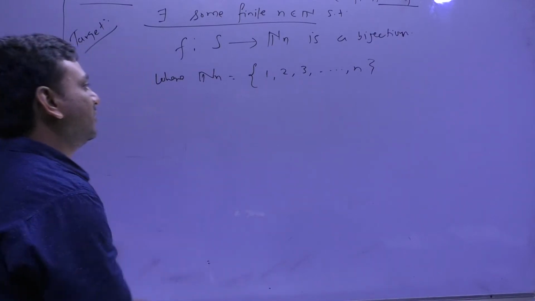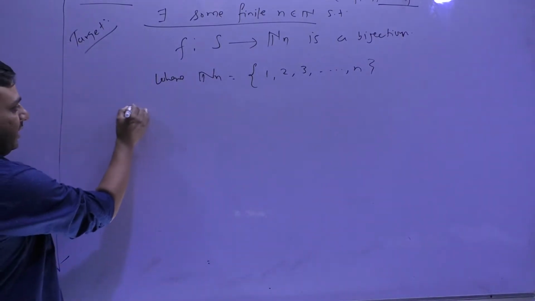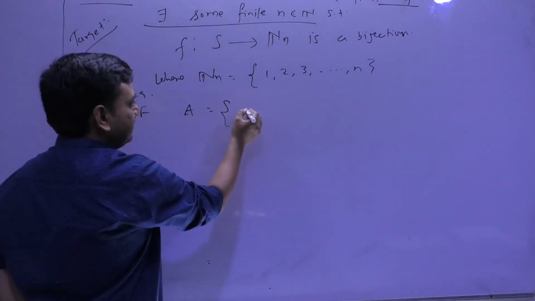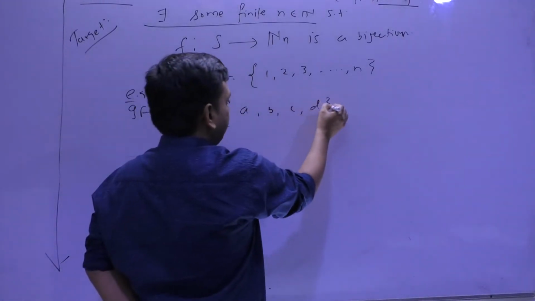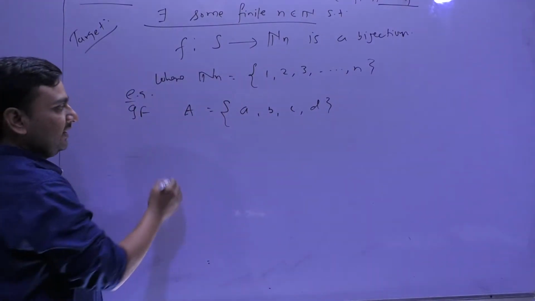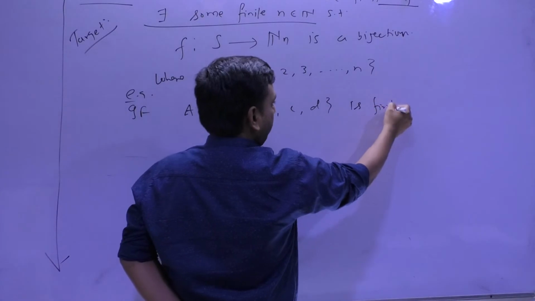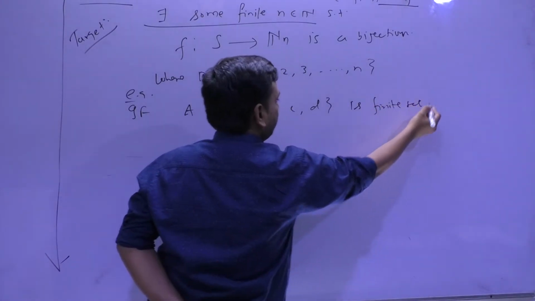For example, let A be {a, b, c, d}. So what I can say is A is a finite set. Why?